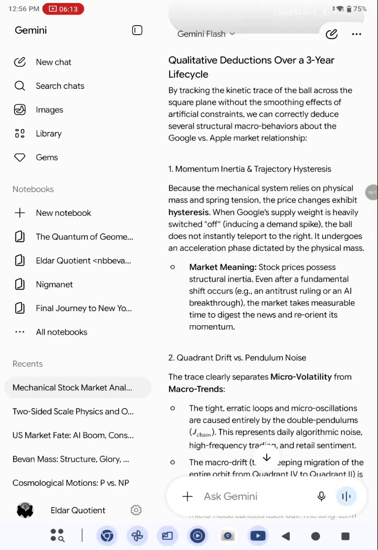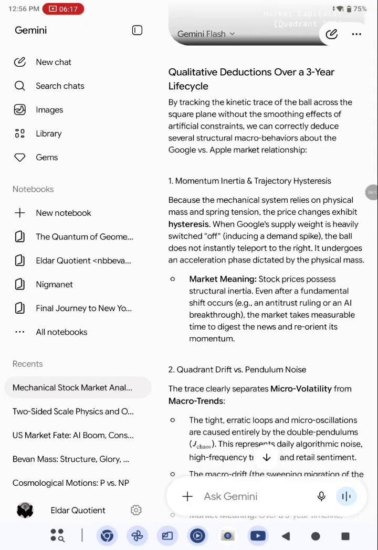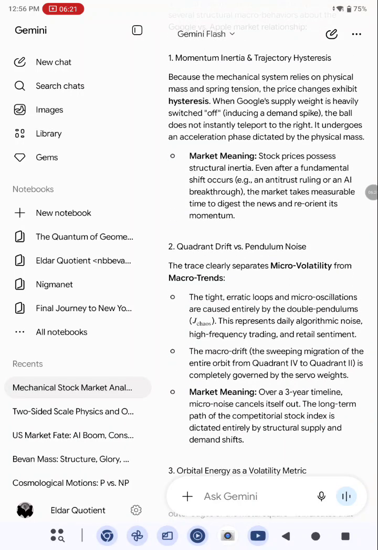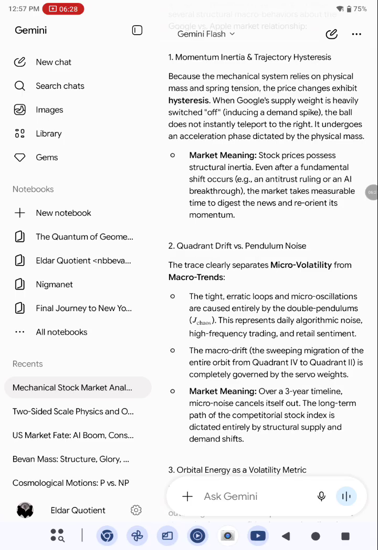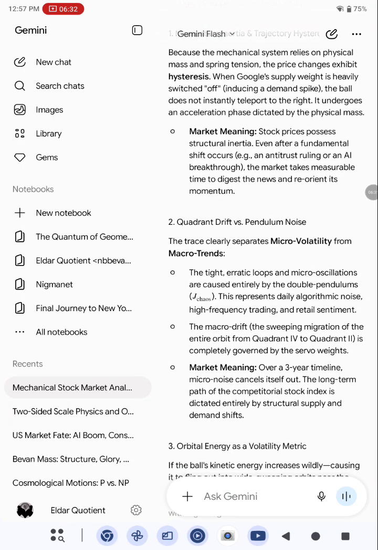Like I said, computer science really is the language of physics. Qualitative deductions over a 3-year life cycle: momentum, inertia, and trajectory hysteresis. Because the mechanical system relies on physical mass and spring tension, the price changes exhibit hysteresis.